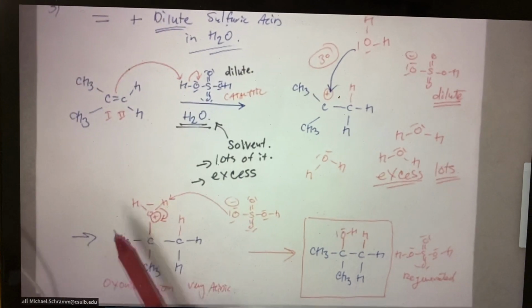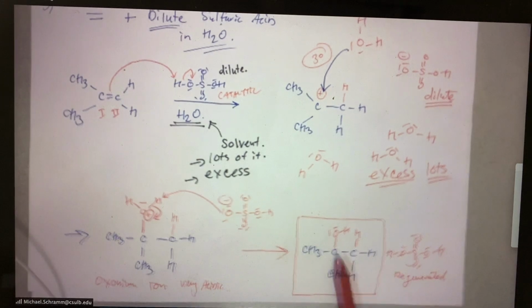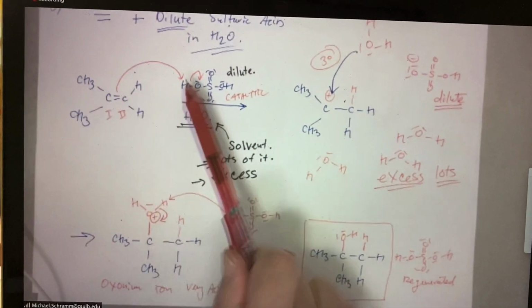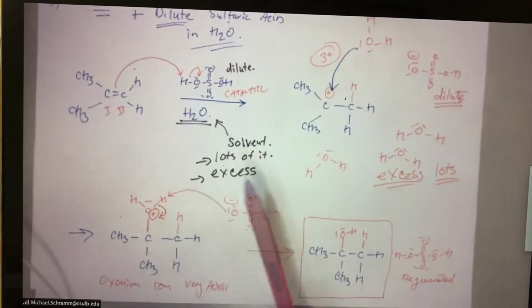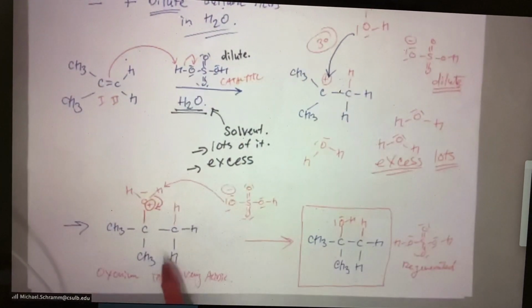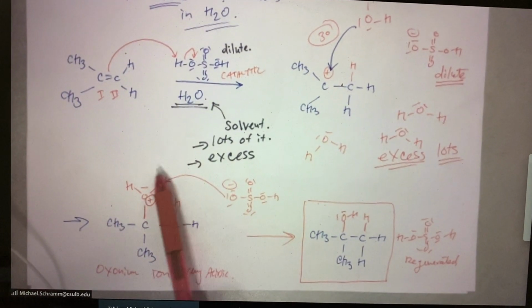But our ultimate goal that we saw with acid dissolved in water is to make alcohols. So this is a connection we should be making. Alkene, strong acid that's diluted in water, will make an alcohol at the end. So this particular product is also very unstable, or intermediate I should say. This is an oxonium ion.